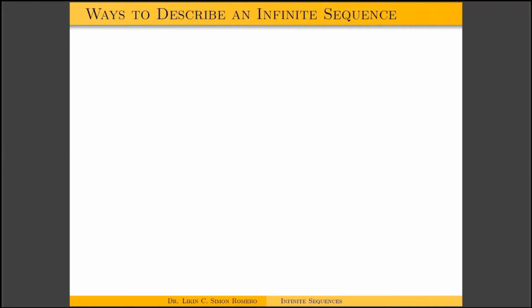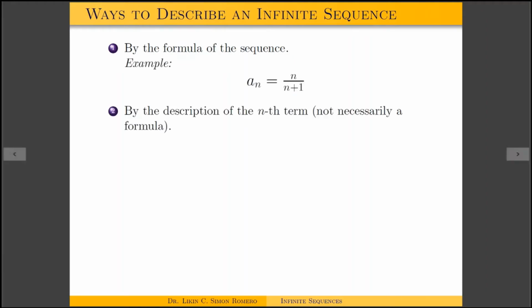All right, so now I want to talk a little bit about three ways that we can commonly define infinite sequences. The first one, probably the most straightforward, is by using a formula. The example that I have is the sequence defined by a sub n equals n over n plus 1.